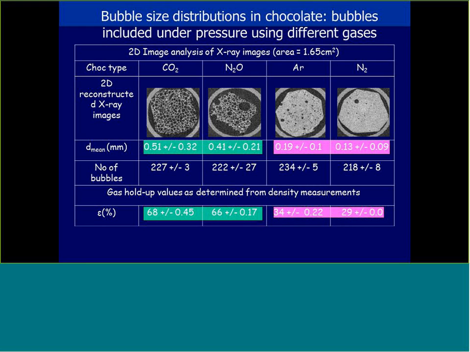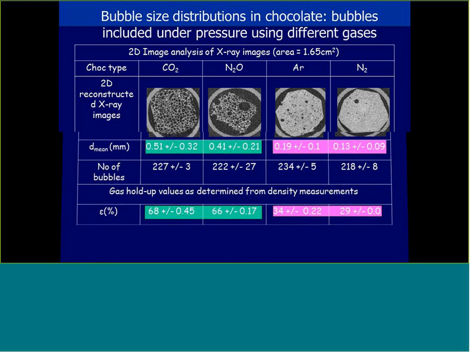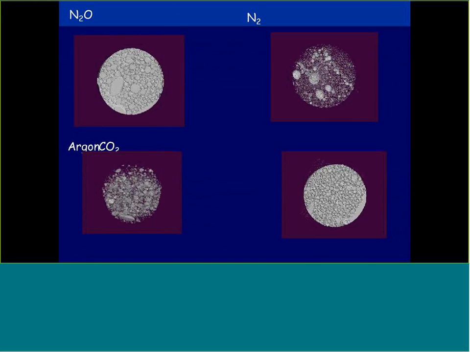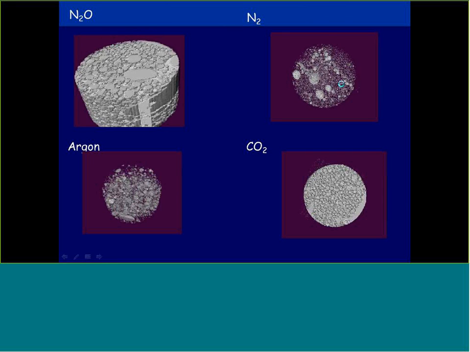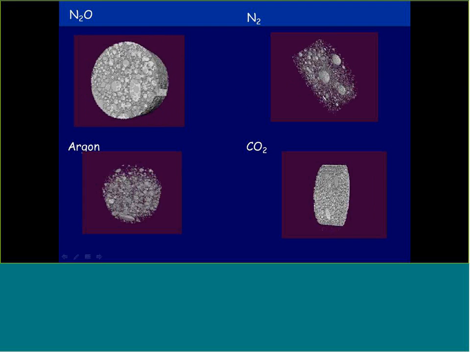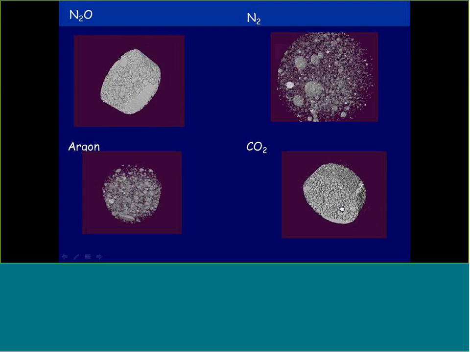If you want 3D images, what you have to do is focus X-rays on different planes. And when you focus on different planes, you can stack all the images together. When you do that, you can get a virtual chocolate. So this is, I believe, the world's first virtual chocolate. You can see traditional bubbles recreated, and then of course you can measure the bubble size.